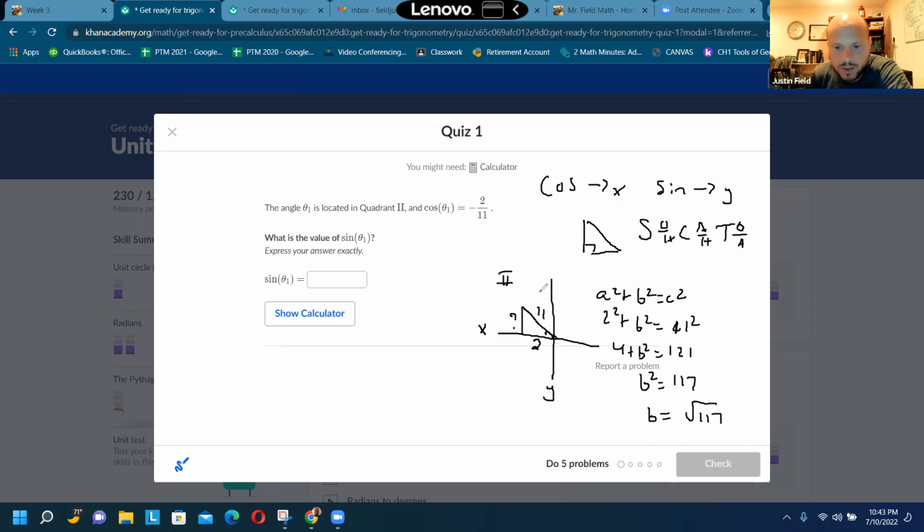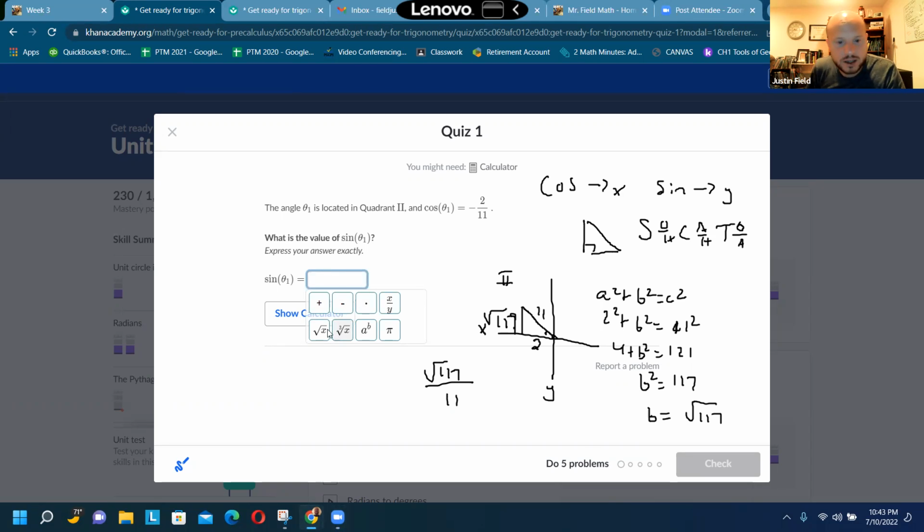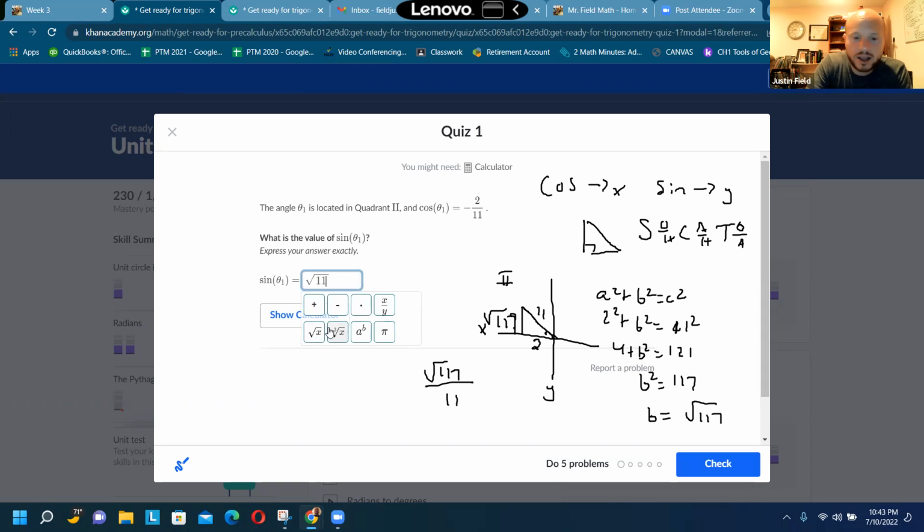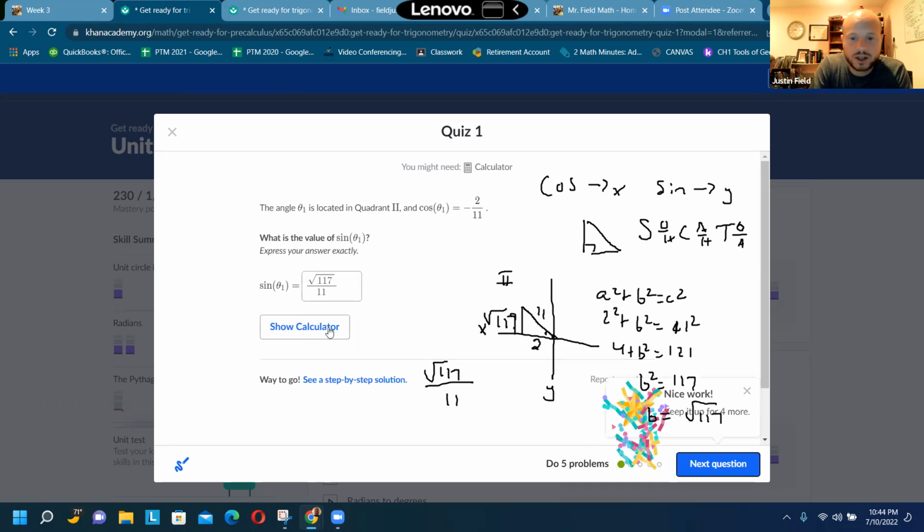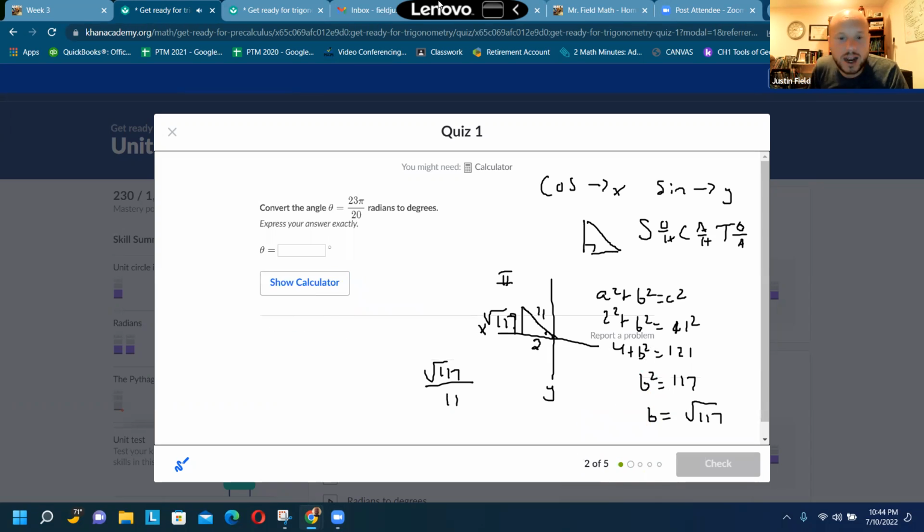So the sine would be the square root of 117 over 11. Express your answer exactly. Well, all right, we're going to give it a try. If I get it wrong, it's okay. Never mind about that. I got it right.